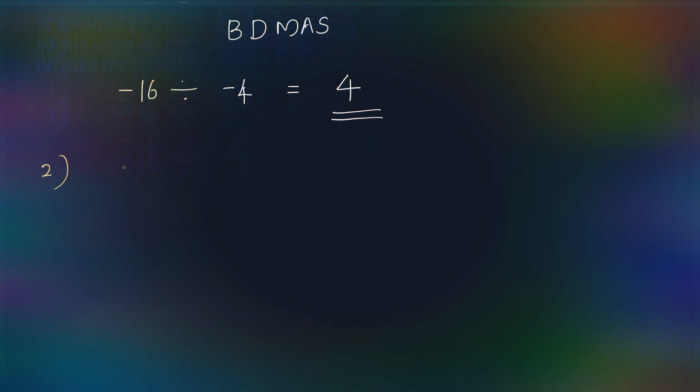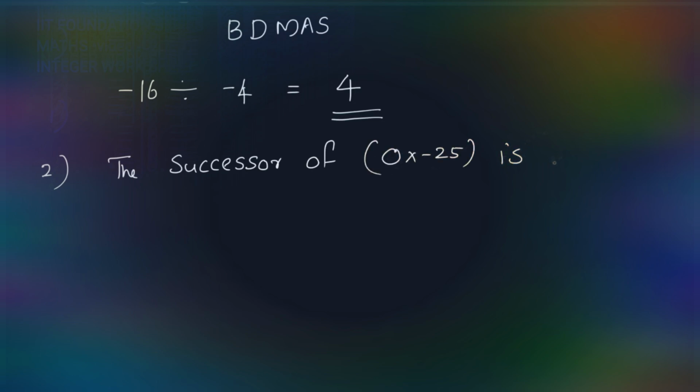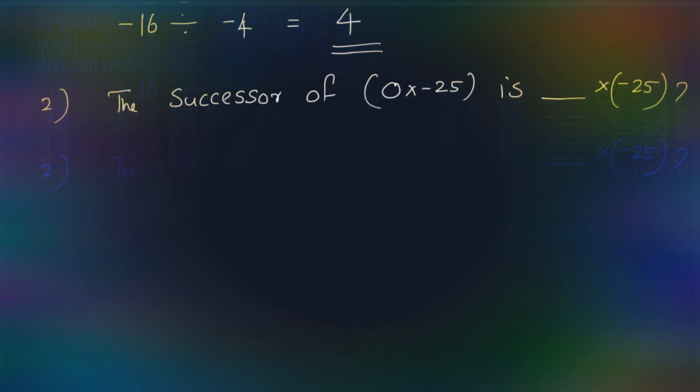Then the second question is: the successor of 0 into negative 25 is dash into negative 25. This is our question. Successor means the number is added with 1.